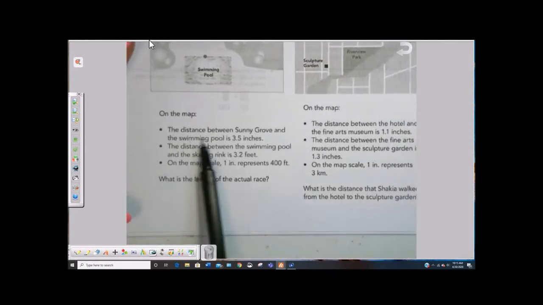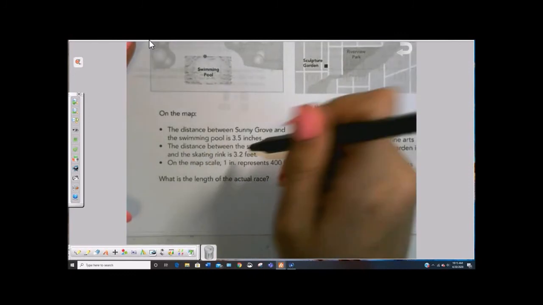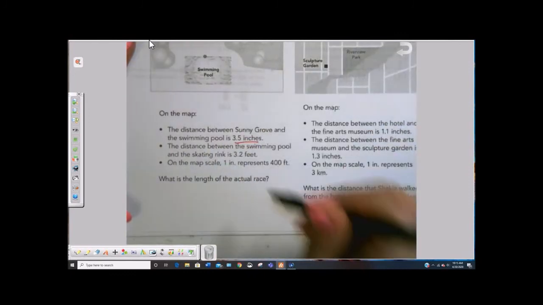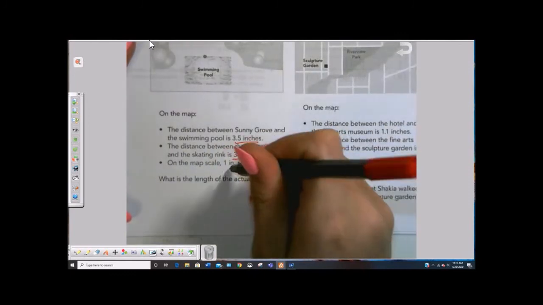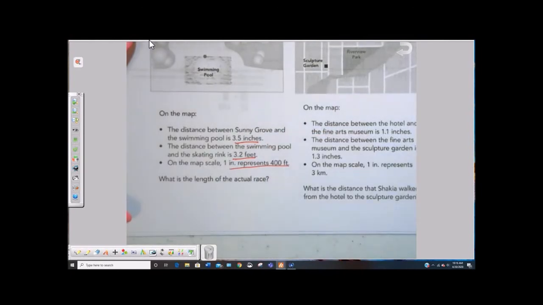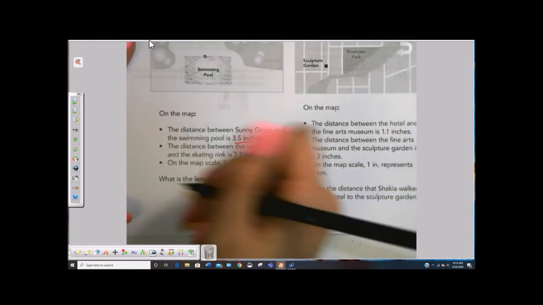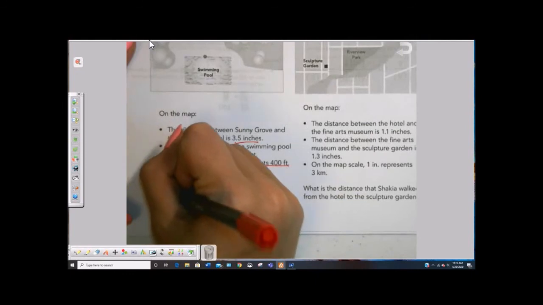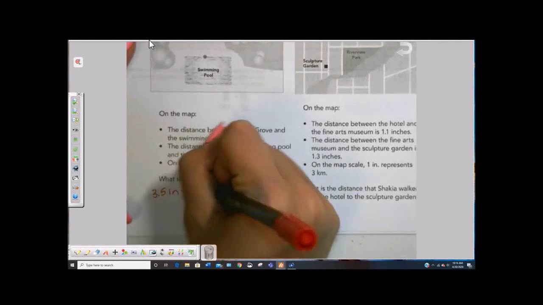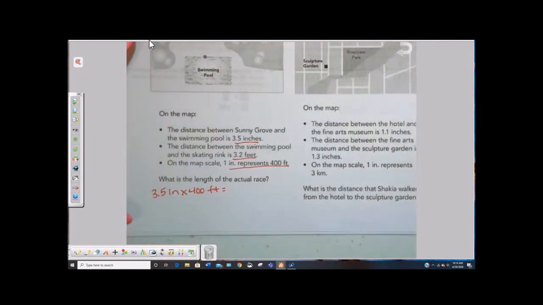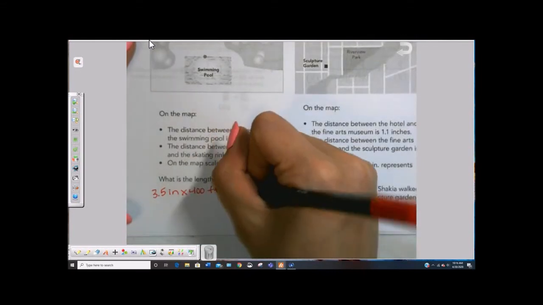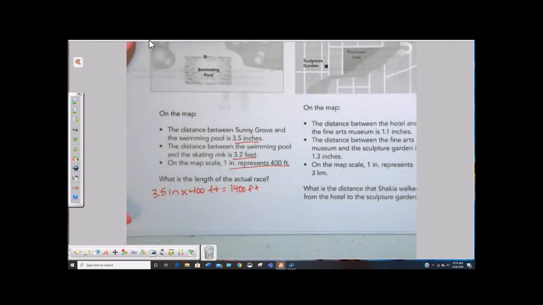It says that we're trying to find the distance of a race. So we have 3.5 inches, 3.2 feet, and we know 1 inch represents 400 feet. So we're just going to change all this to feet. In order to change the inches into feet, we're going to take the 3.5 inches times the 400 feet, which is 1,400 feet.